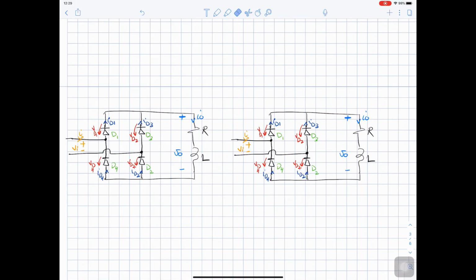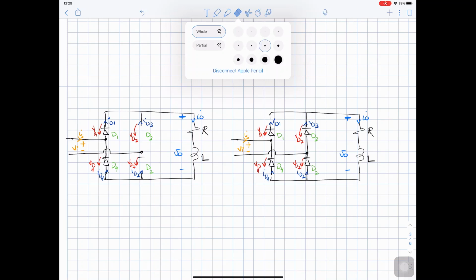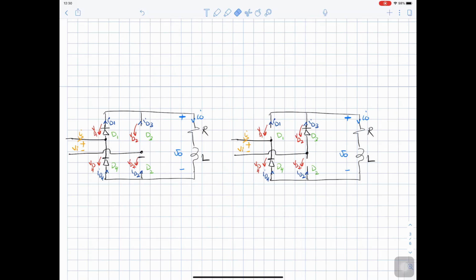So the first case, when these two are off, and the second case when these two are off.